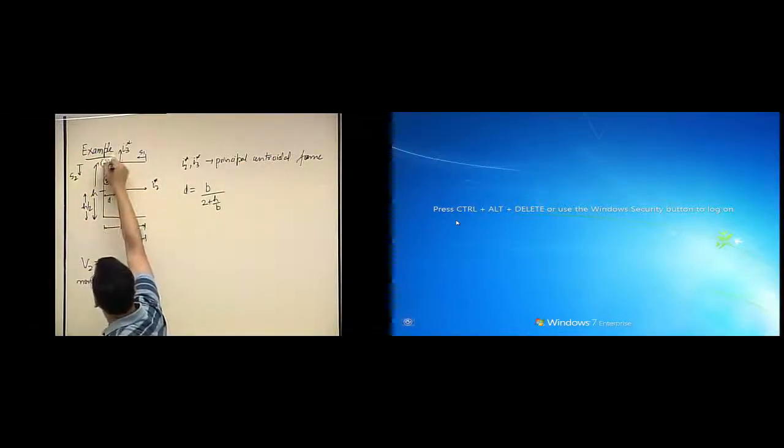For example, if we zoom this out and try to draw it here, we have an edge like this, right?